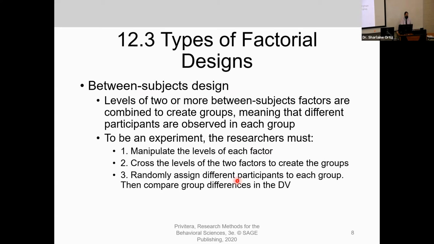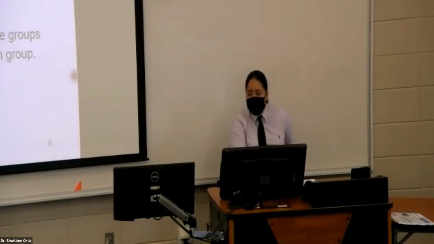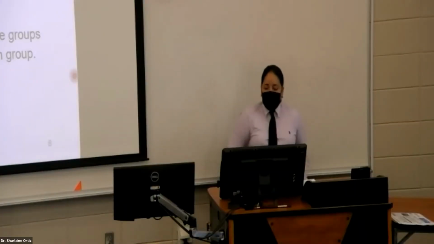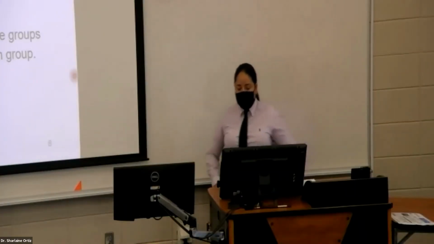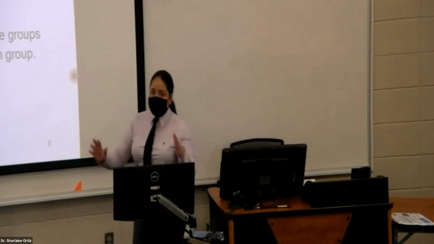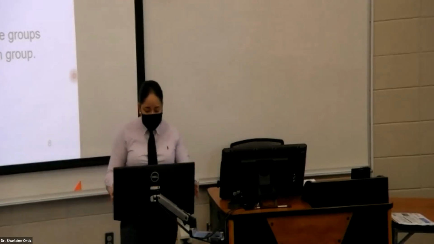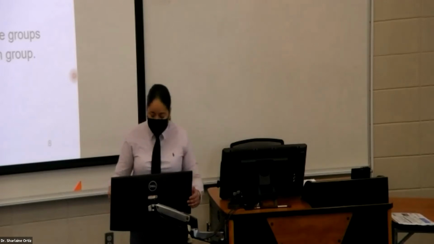We must be able to randomly assign participants to each group. And you're wondering, what is the intent, right? What am I trying to accomplish? What you're trying to accomplish is to see if the differences in the groups can be measured, the differences in that independent variable and dependent variable, I should say.